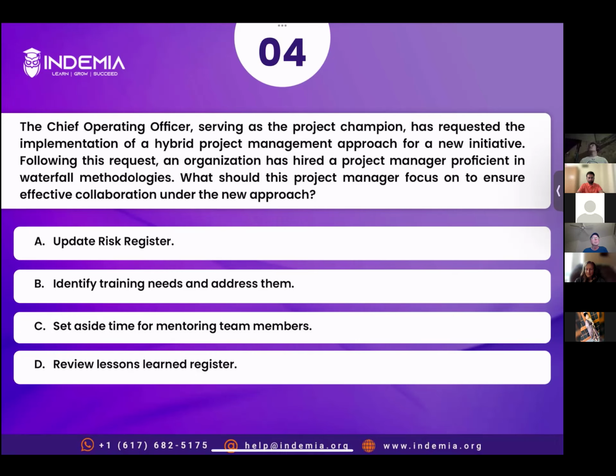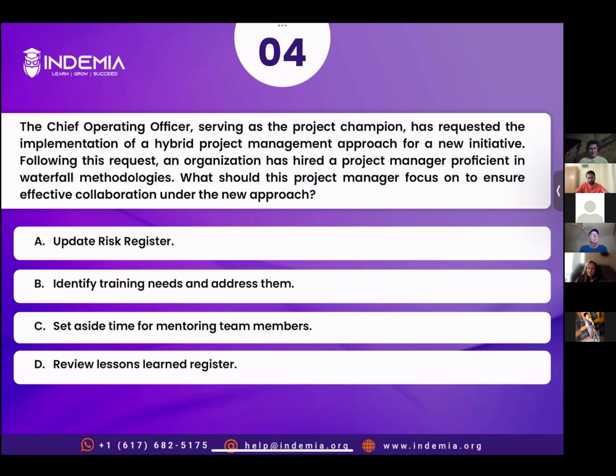So A and D seem to be aligning with the predictive methodology, whereas B seems to be identifying the training needs and addressing them. It is common for both the project manager, since he's new to the agile methodology framework, and also the other team members. As a team, they are able to identify the training needs and address them with option B. All right. Thank you.